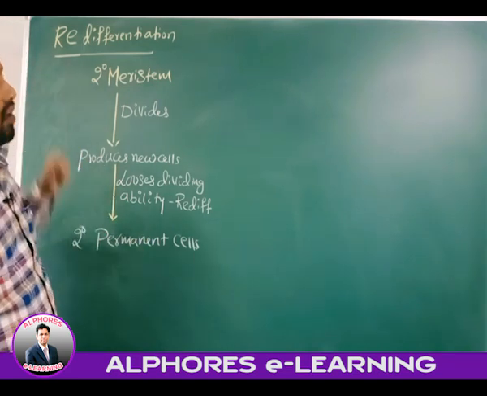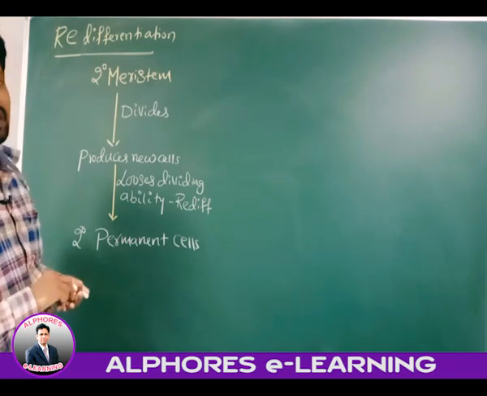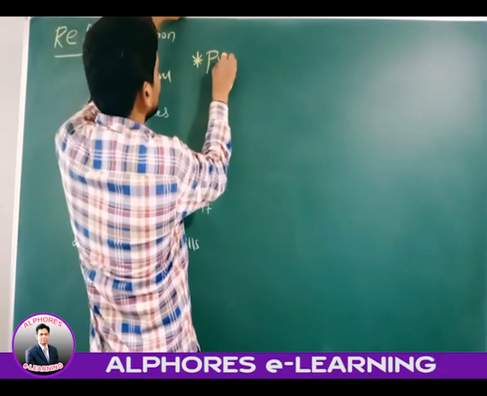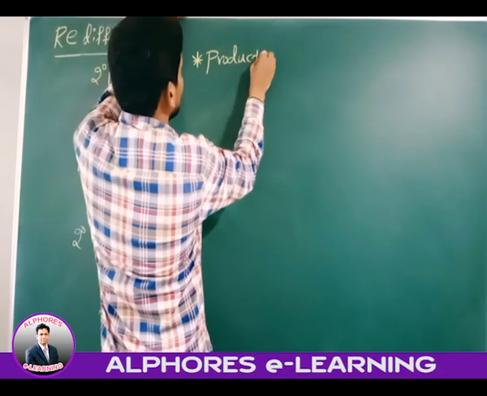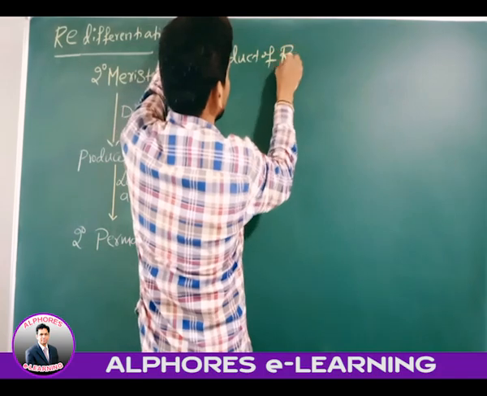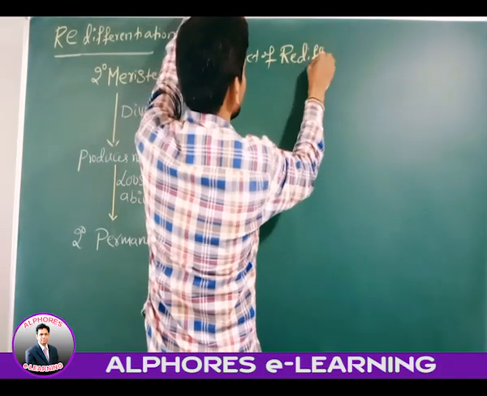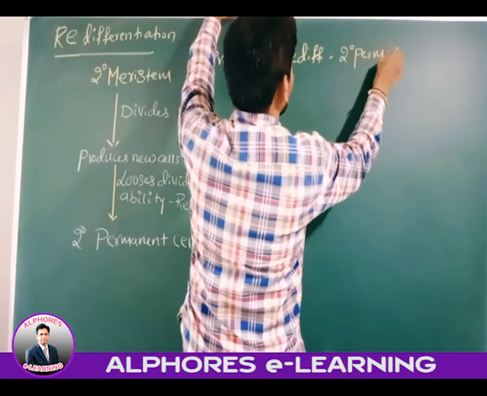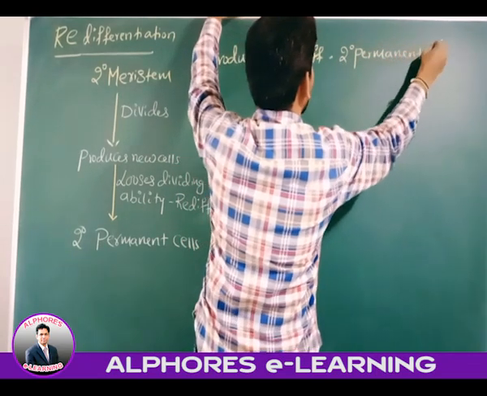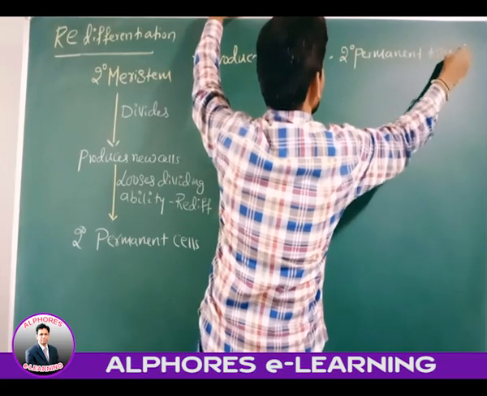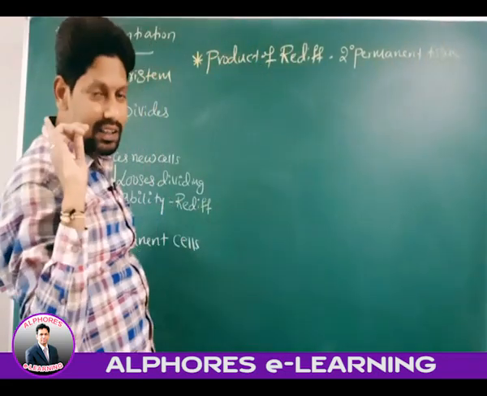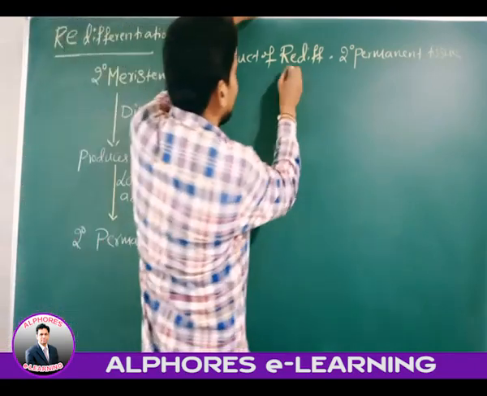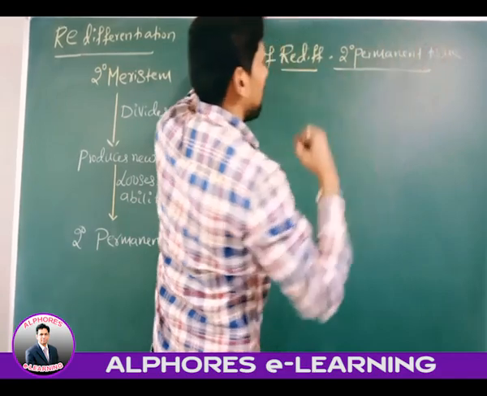Therefore, what is the product of redifferentiation? Secondary permanent tissue. Sir, what is the product of differentiation process? Product of differentiation is a primary permanent tissue. Product of redifferentiation is a secondary permanent tissue.